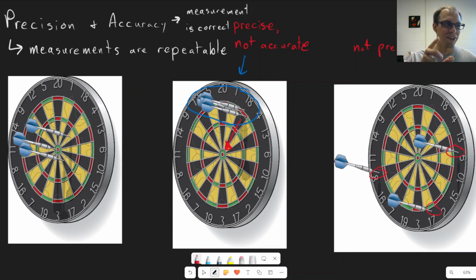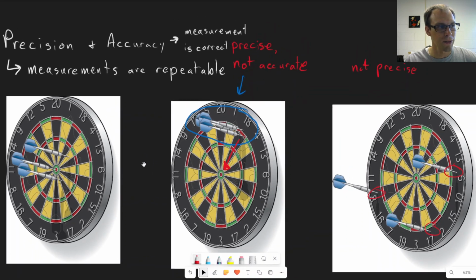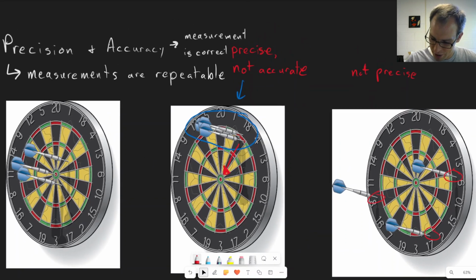They're just sort of throwing them randomly, and they're hitting different spots on the dartboard. And they're also not accurate, because all of these are really far away from the bullseye.